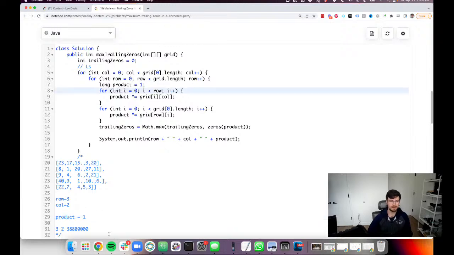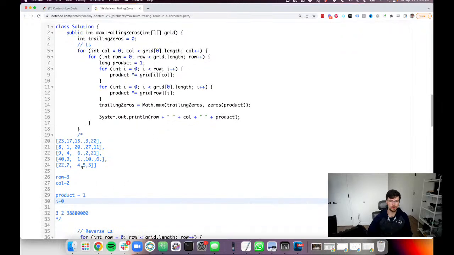Now i equals 0, so we get product times equals grid 0, 2. 0, 2 is going to be this one, so times 15. Now we increment, i becomes 1. 1 is less than row 3.